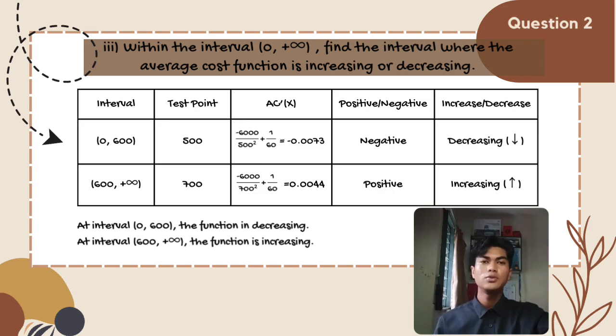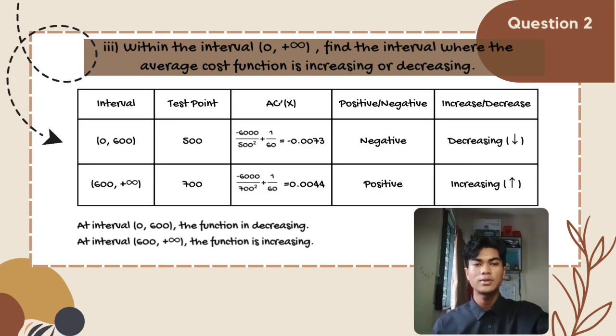Then we test another inequality, which is when C̄'(x) smaller than 0. So 1 over 60 minus 6,000 over x to the power of 2 smaller than 0. Then we just change the place and we will have 1 over 60 smaller than 6,000 over x to the power of 2, and we have x to the power of 2 smaller than 360,000.